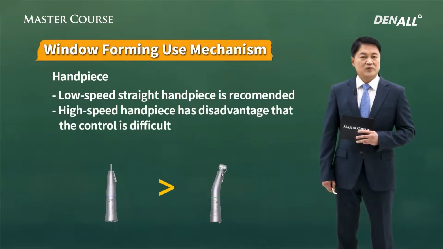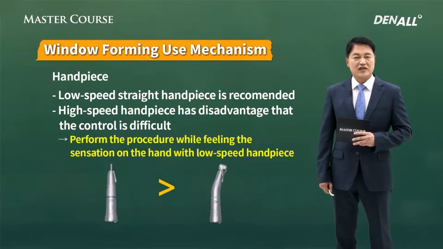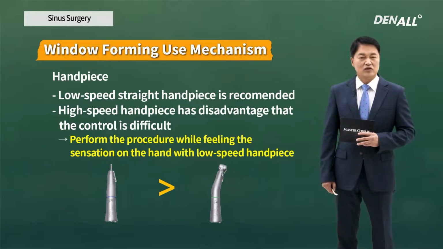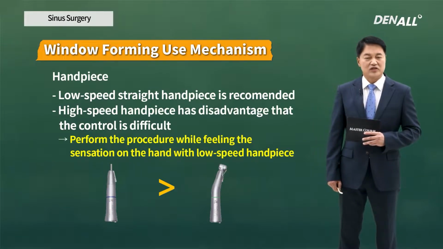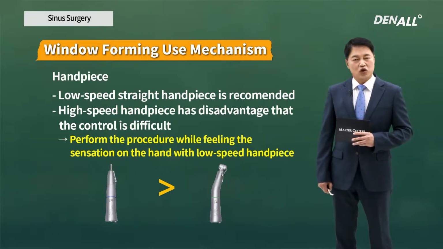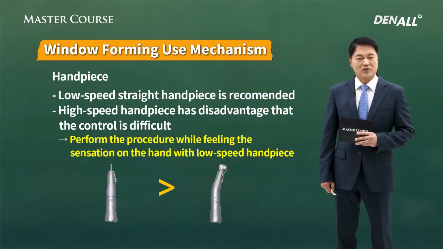With a high-speed handpiece, it may be difficult to control and perform the procedure while feeling the sensation on the hand, unlike the low-speed handpiece, for aseptic surgery. If the window is too thick at times, you need to use high speed first. If you just use low speed, it may take too much time.